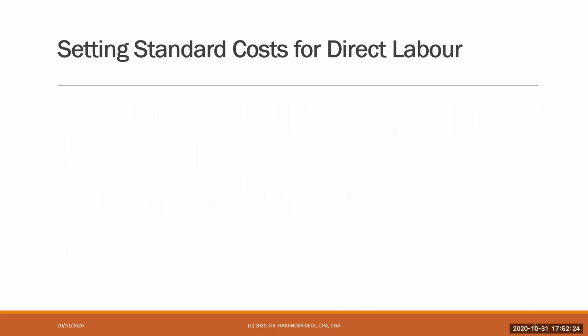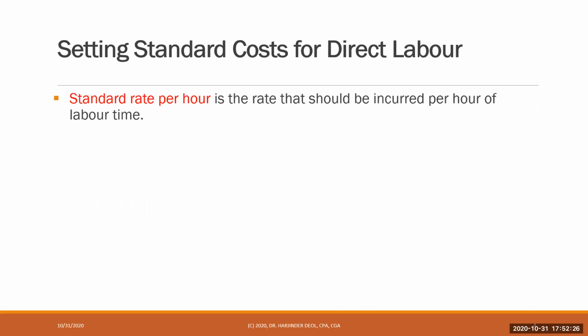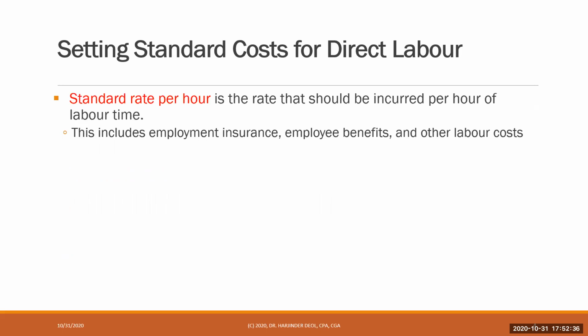Standard cost for direct labor. The standard rate per hour is the rate that would be incurred per hour of labor time. And it includes not just the base wage rate, but also the additional costs of employment insurance, employee benefits, and other related labor costs that the employer has to incur.